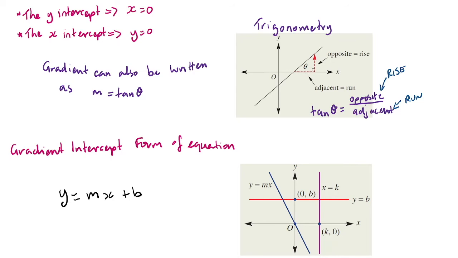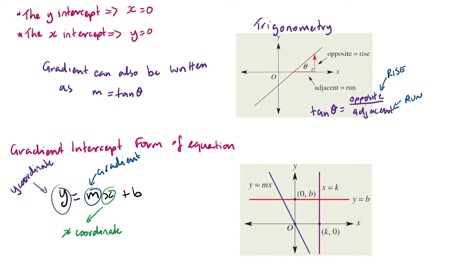So here is our y coordinate. We have our gradient. This one is our x coordinate. And then our last one there, that is the y-intercept. So you can see there, the big bits of information are going to be the gradient and the intercept, hence the name gradient intercept form.